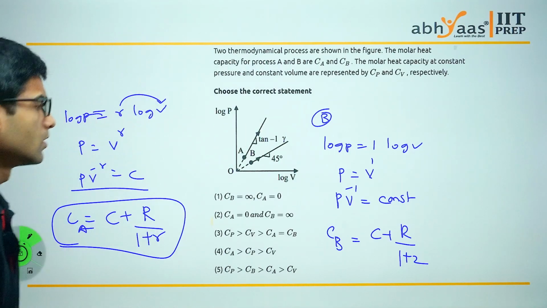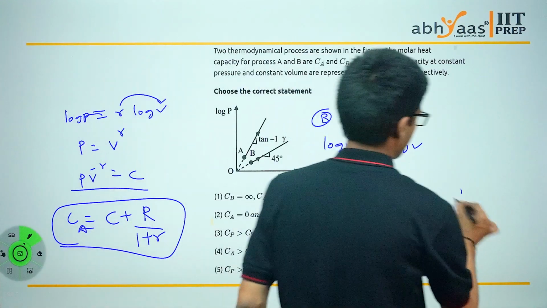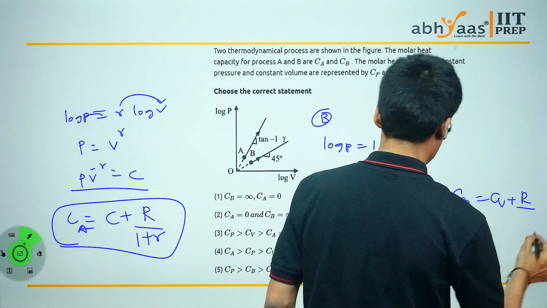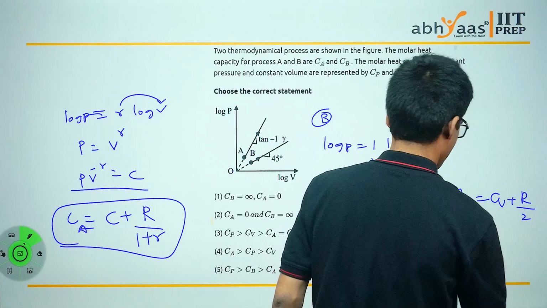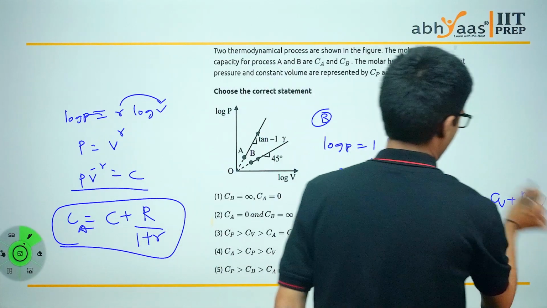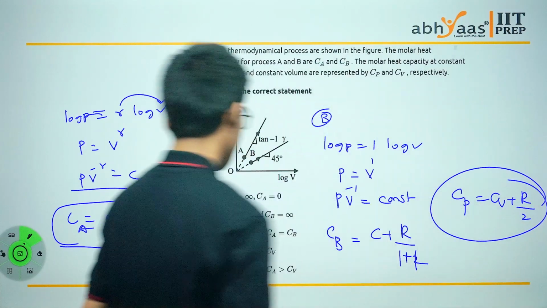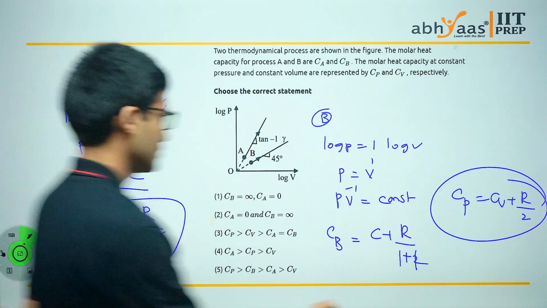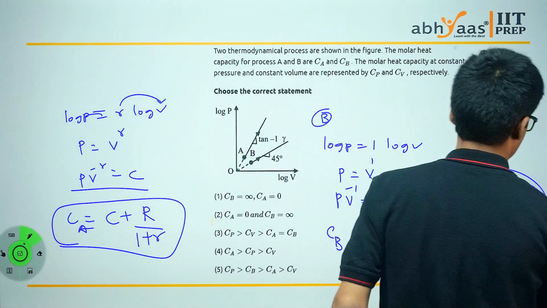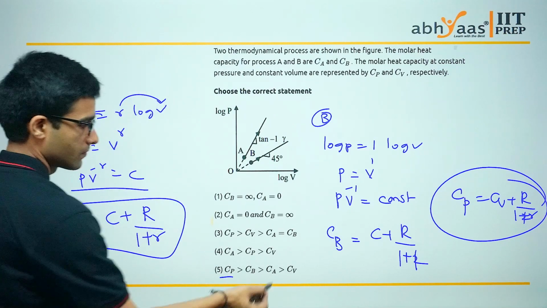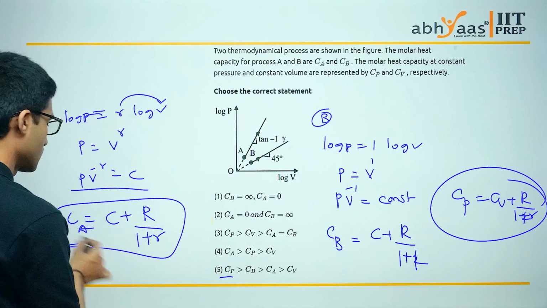But you know the general formula, that is C is equal to C_v plus R by 1 plus gamma, that is 2 here. This is 1 plus 1, that is 2. Okay, R by 1 plus gamma. So then C_v is greater than C_B, which is how much?